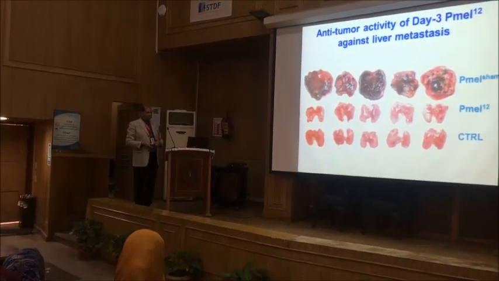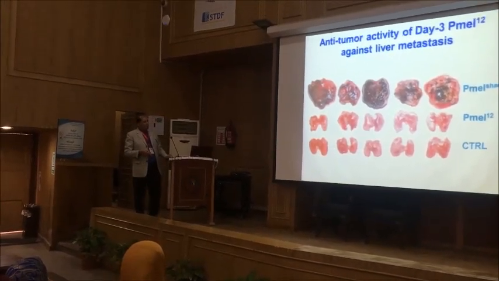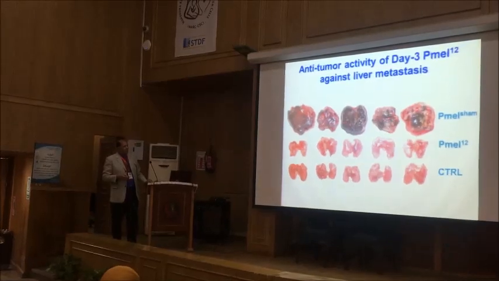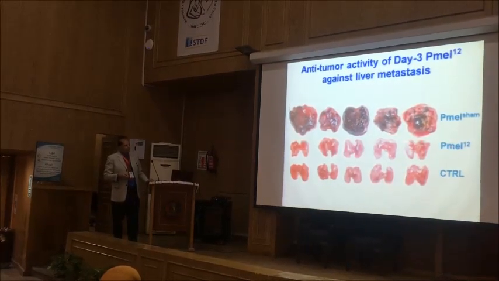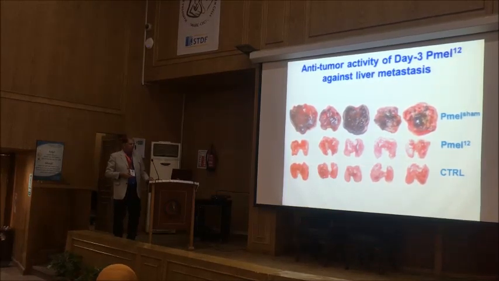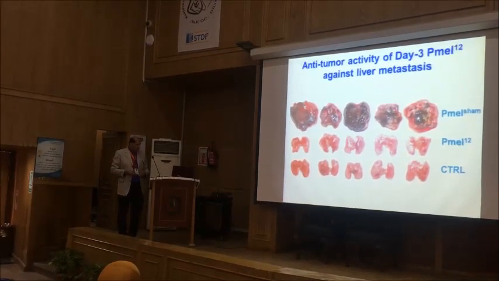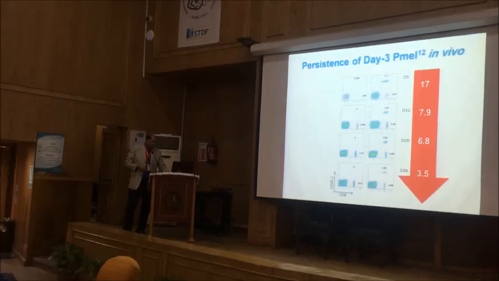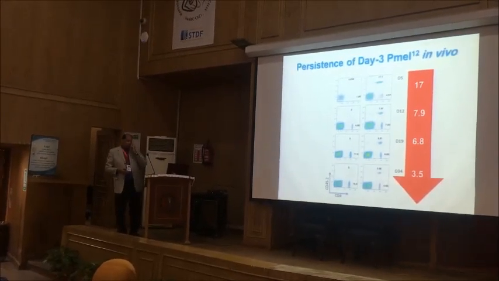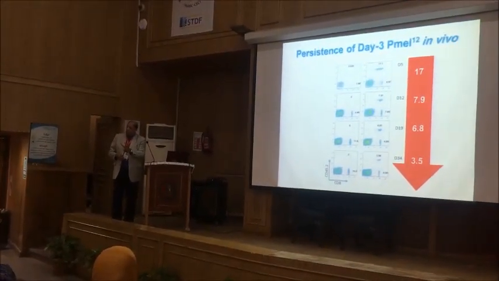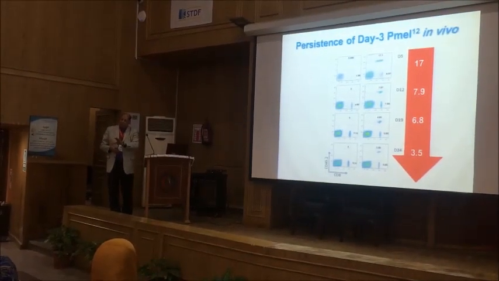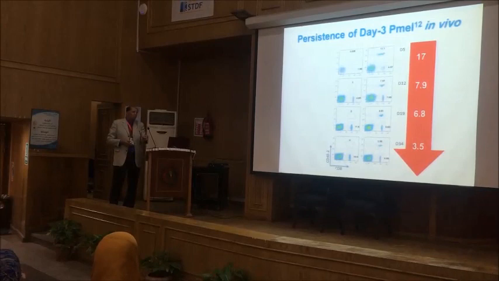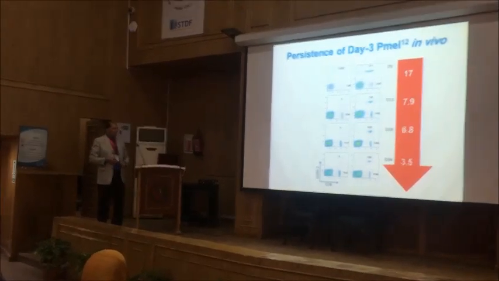So we show some lines from control, sham, and B-mel islet. This was also amazing for us. There is no tumor in the lung, which confirmed that these cells can move into the subcutaneous tumor microenvironment, the primary tumor, and also into the metastatic tumor.